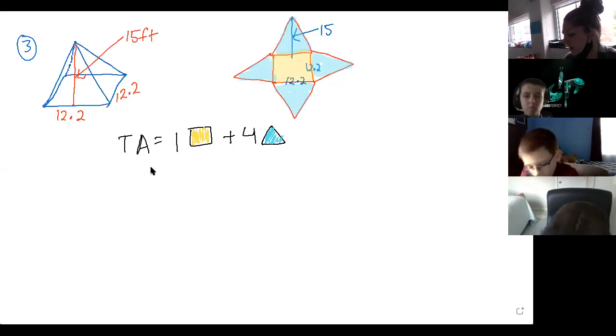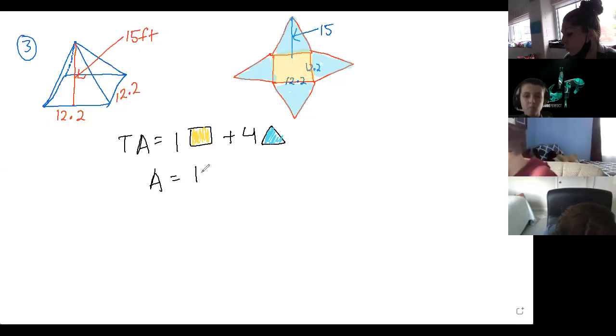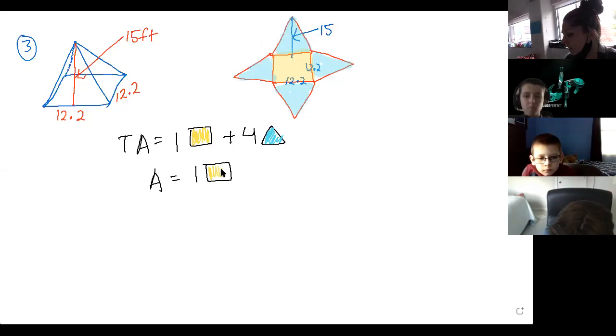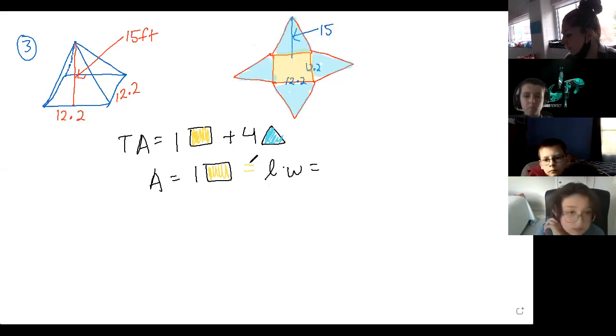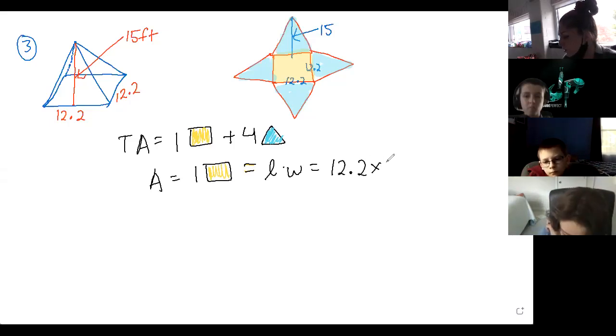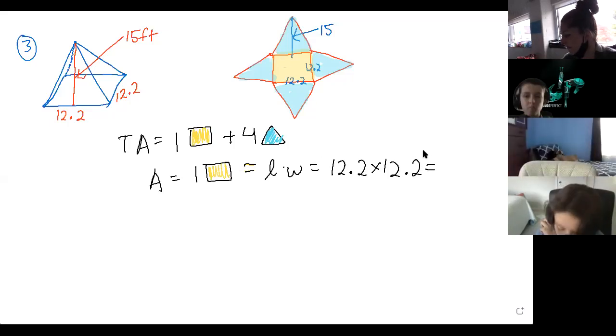What is the area of just one of the squares? How do I calculate it? I need length times width, right? What's the length? What's the width? Or we could call it a square because it is a perfect square. 12.2 times 12.2. What do I get? 148. Whew.